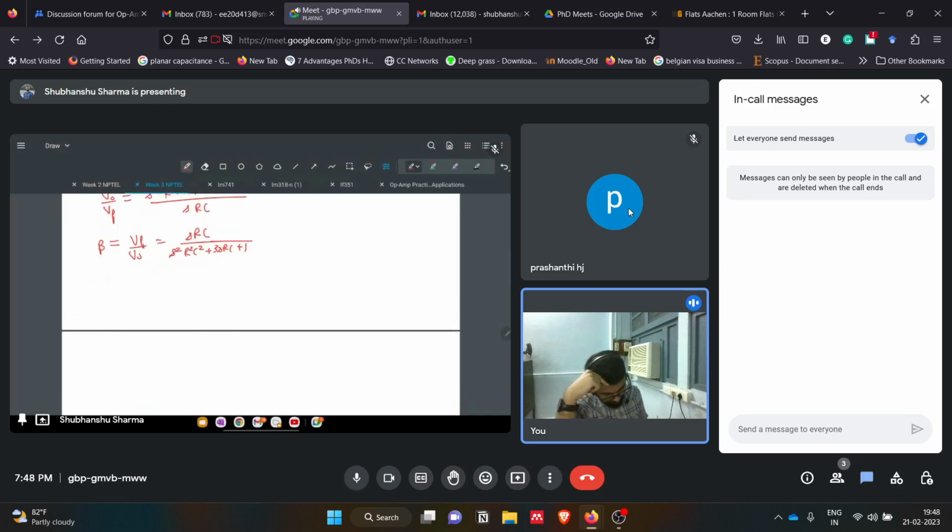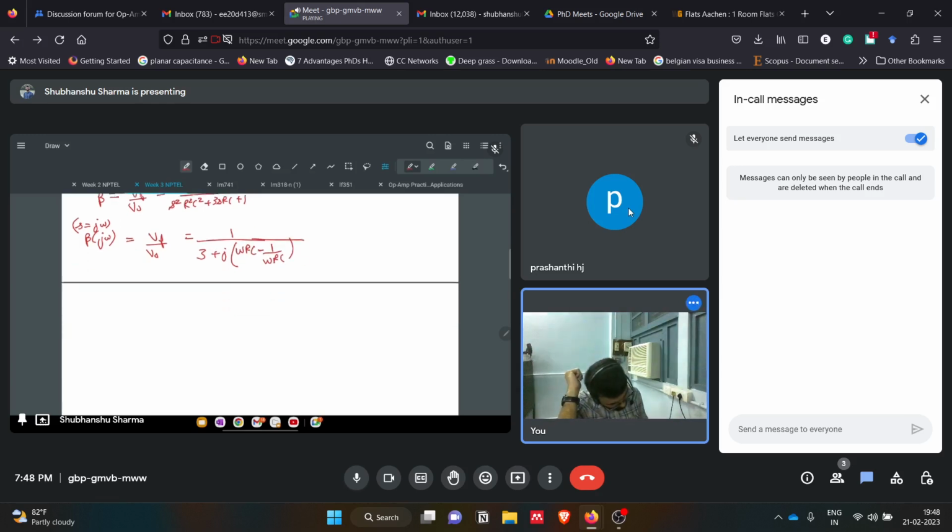So if we use beta of j omega, as we are using S equals j omega, then Vf by V naught is 1 upon, after substituting, 3 plus j(omega RC minus 1 by omega RC).